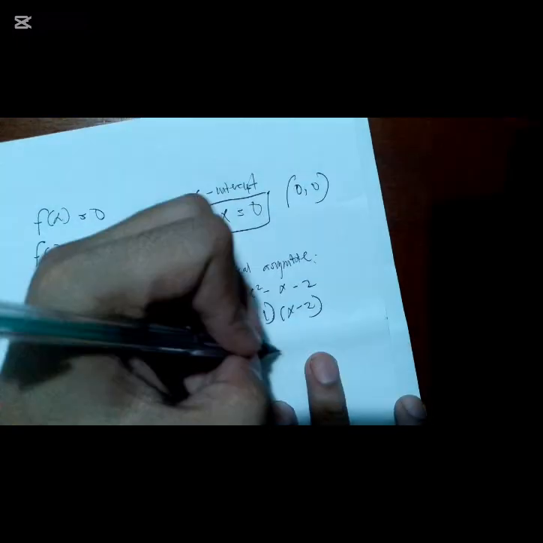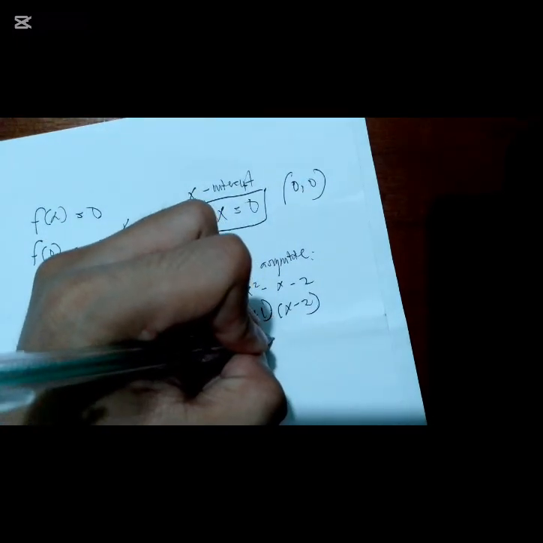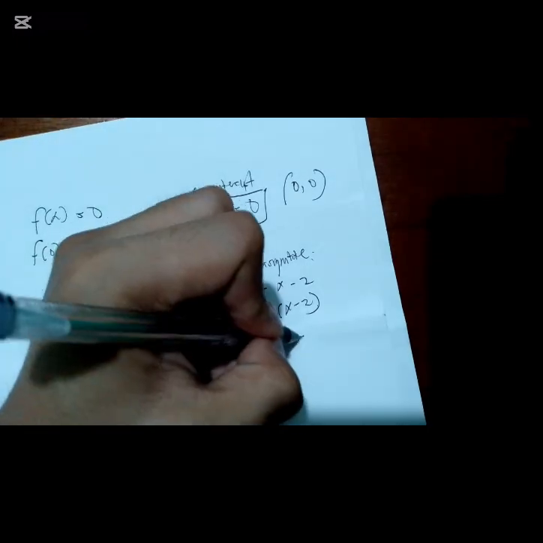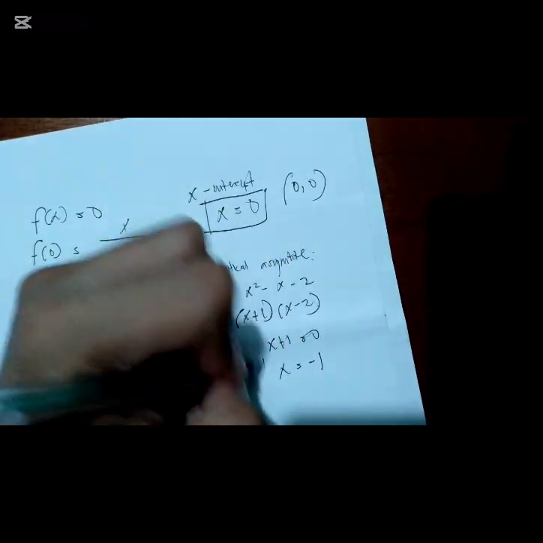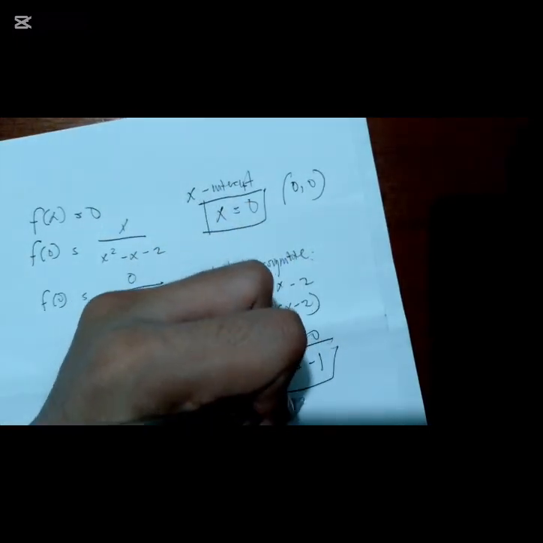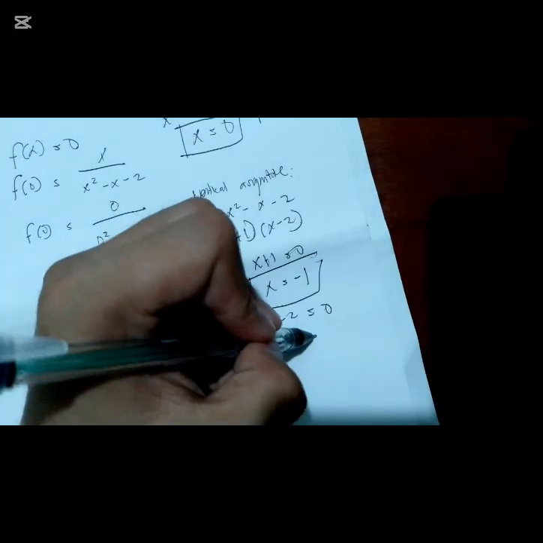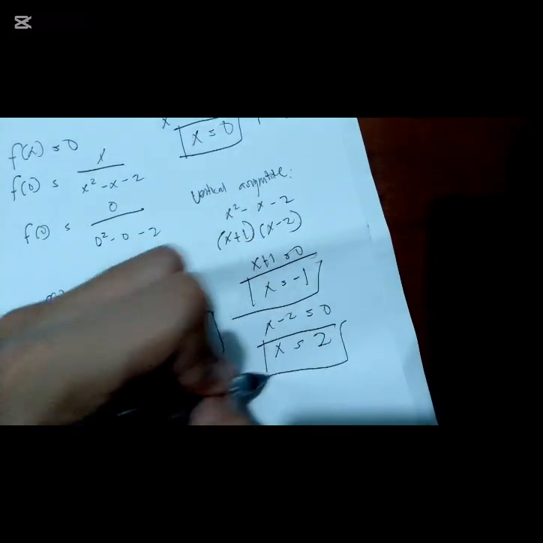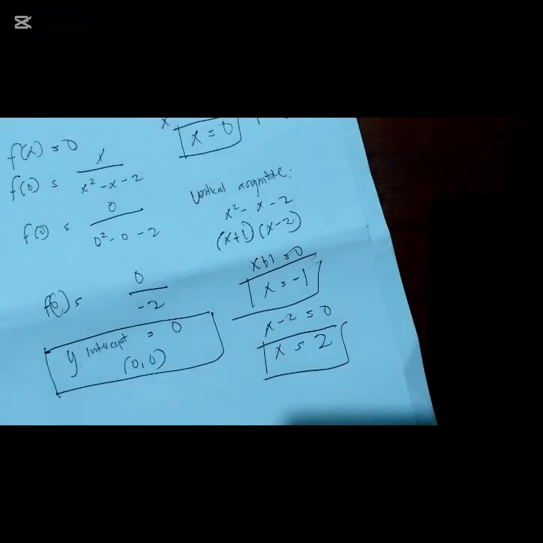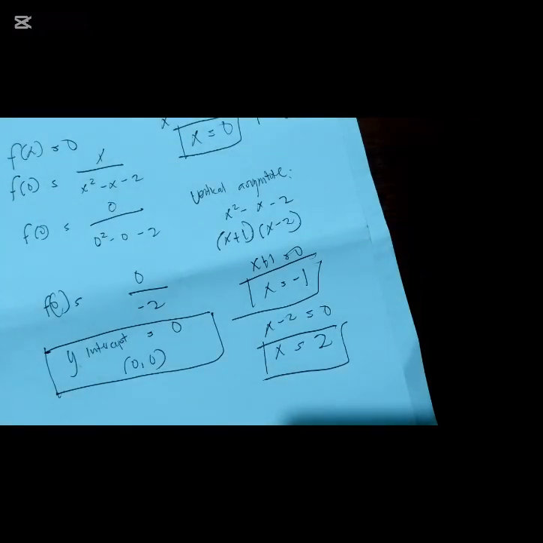Therefore, x plus 1 equals 0 gives x equals negative 1, and x minus 2 equals 0 gives x equals 2. So our vertical asymptotes are x equals negative 1 and x equals 2.